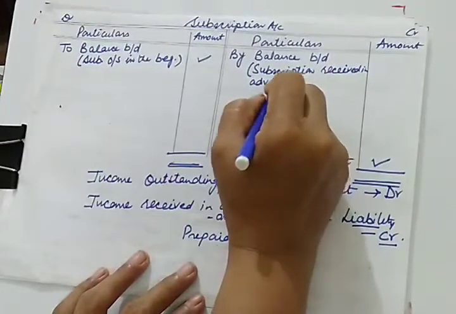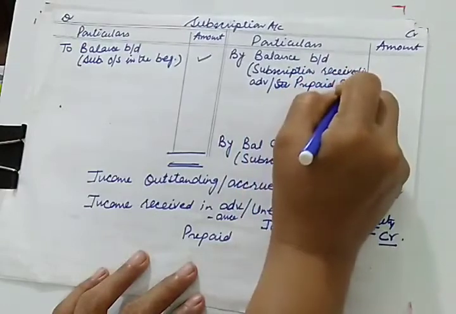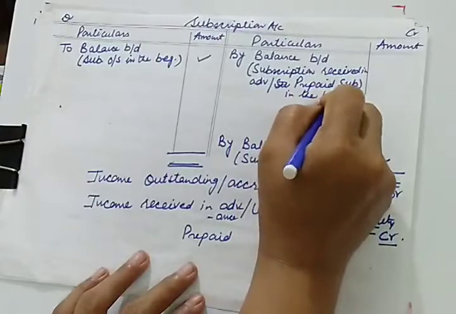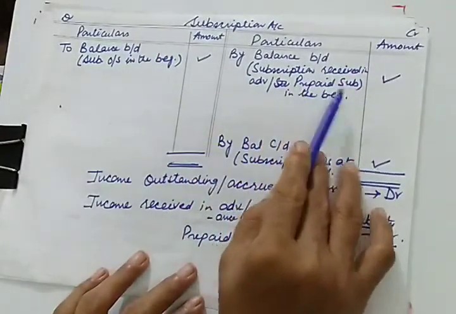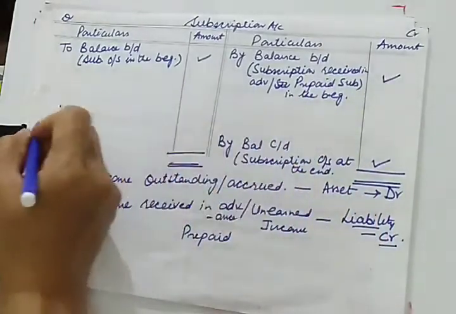Prepaid subscription. Prepaid subscription in the beginning of the year, I will be writing here. So if I am writing prepaid subscription in the beginning here, the closing balance will be written on the opposite side.